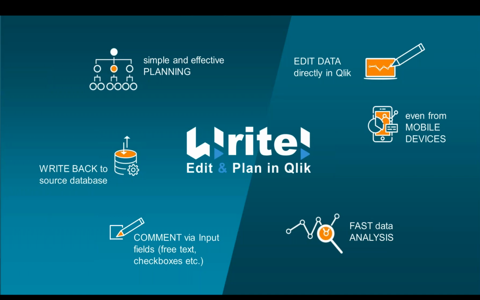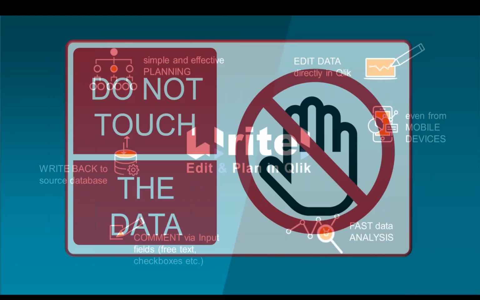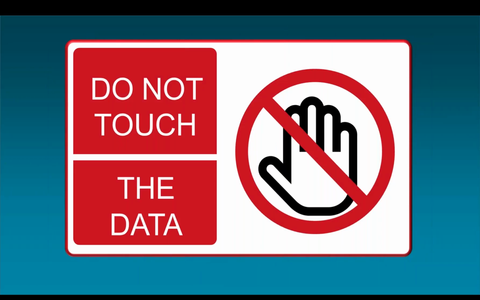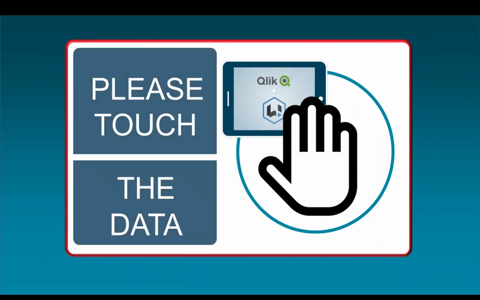You can just do it directly in one tool, and after changing data, you can see the results immediately. This means that we now change from do not touch the data to please touch the data. So we are now able to interact with the data within Qlik, just between the combination of Qlik and Write.